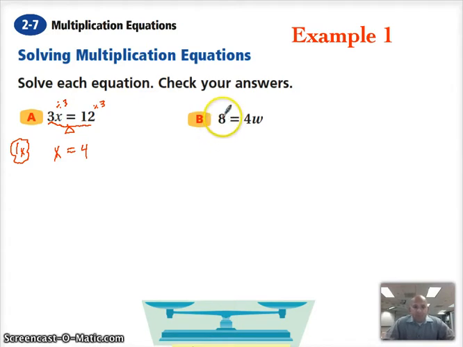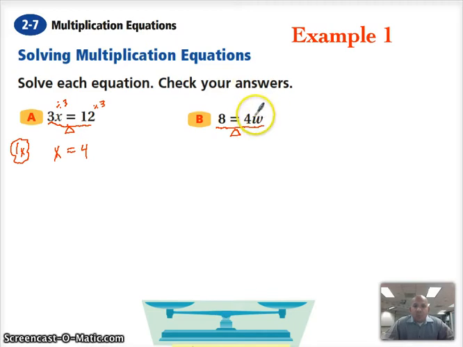With the second example, we just have the variable switched around on the right side instead of the left. That's all. We do the same thing. We go ahead and draw a scale with a fulcrum underneath the equal sign, again indicating the balance between the 8 and the 4 times w on the other side. We always want to isolate the variable in order to solve for w.